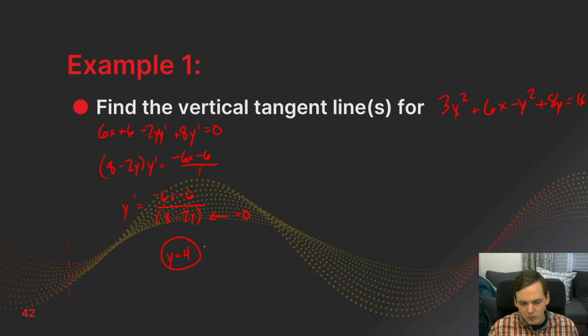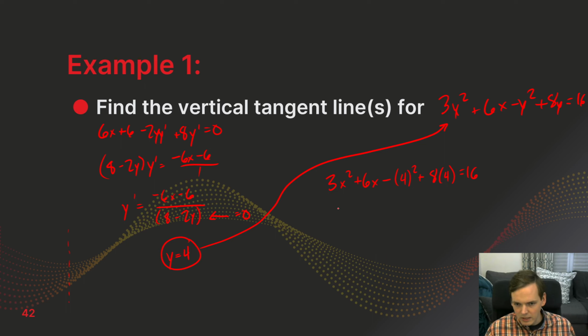So we're going to take y equals 4 and plug that back in up here and solve for our x values. So 3x squared plus 6x minus 4 squared plus 8 times 4 equals 16. This bit right here will be 16, so when I add it, I'll get 32. 8 times 4 is 32, that'll end up canceling out.